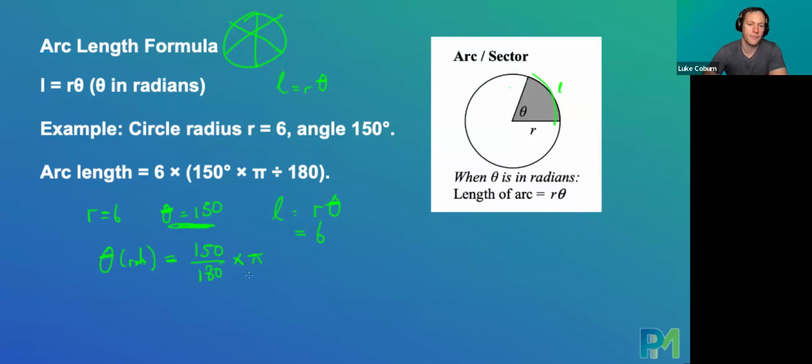This is the way we convert. Because 360 degrees is equal to 2 pi radians, or 180 degrees is equal to pi radians. That's how you do the conversion.